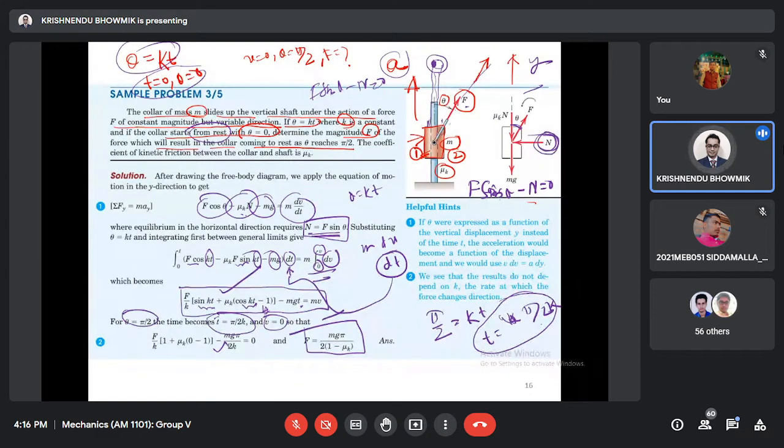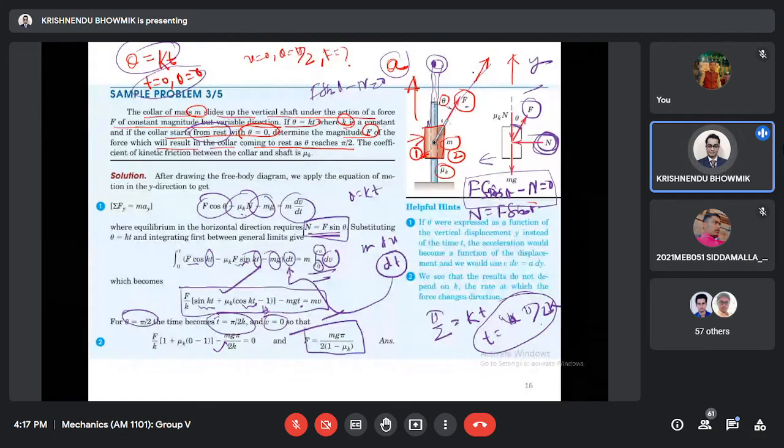If F is along that direction, then N is supposed to be along that direction. Or if it is in other directions, then the contact will be in different directions. So once this relationship N equal to F sin theta is valid, then N is acting in the left direction. Why is it the left direction?